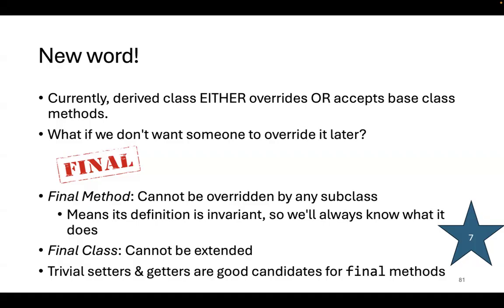It's always half of perimeter. And so it doesn't make sense to run the risk of someone else changing what that means. And so when we don't want someone to override this later, we make it final. A final method means that we cannot override it by any subclass. Another way of saying this is that its definition is invariant. And so we always are going to know what this method does.